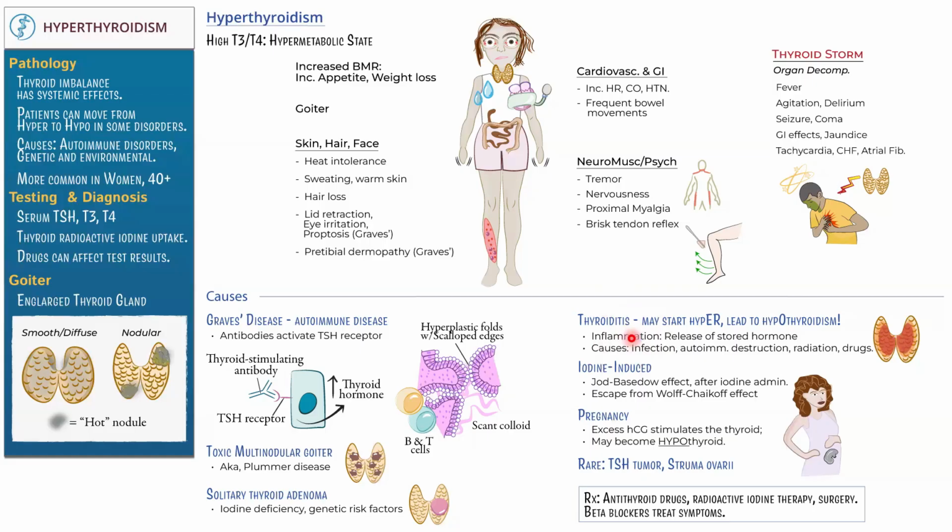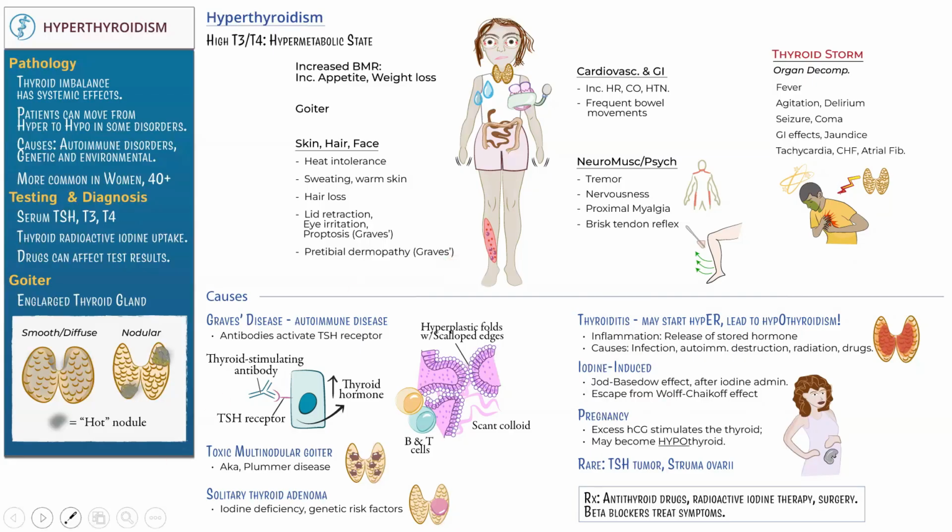Thyroiditis will lead first to hyperthyroidism, and afterwards to hypothyroidism. Then there is iodine-induced hyperthyroidism, and also pregnancy. Pregnancy can also induce hyperthyroidism. So that's about hypothyroidism and hyperthyroidism.